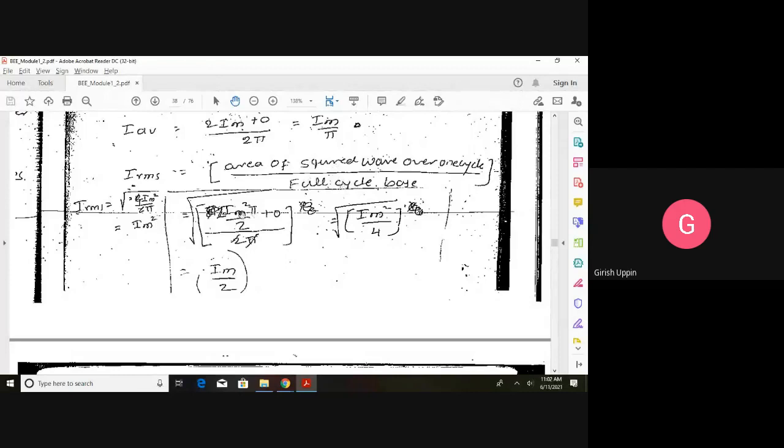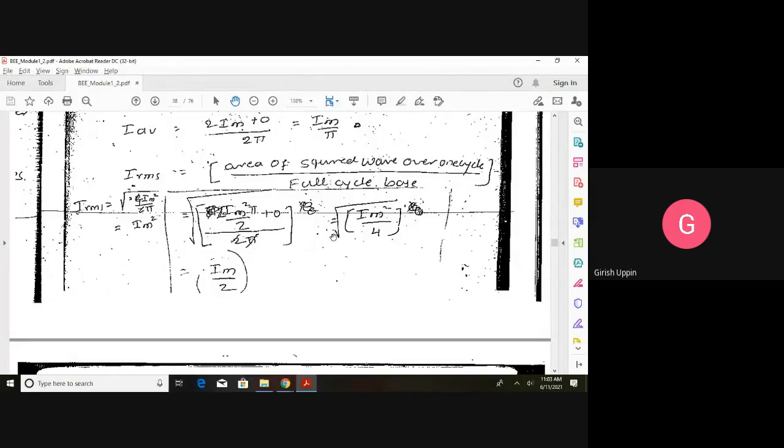So we have to consider the full cycle. For the first half cycle, the area is Im square pi divided by 2, and the second half cycle is 0, and complete divided by 2 pi, and this is under the square root. So this 2 and this 2, 2 and 2, okay, the 2 will not get cancelled, pi will get cancelled.